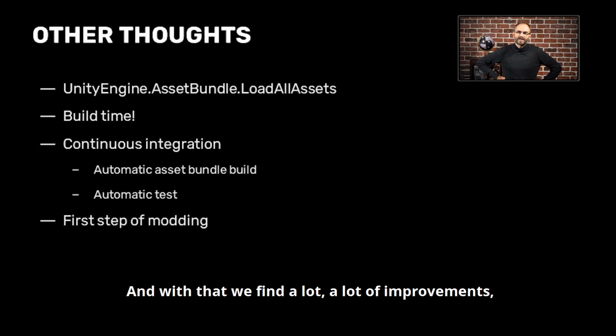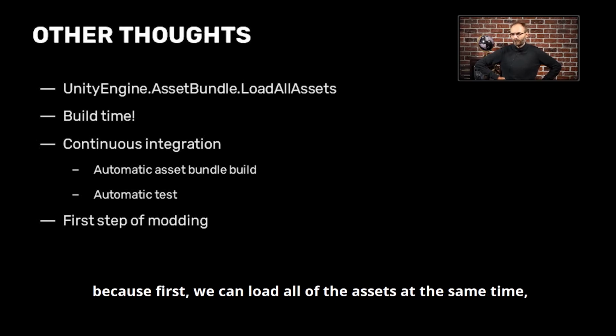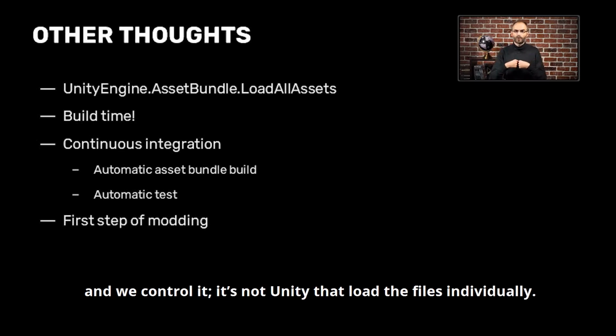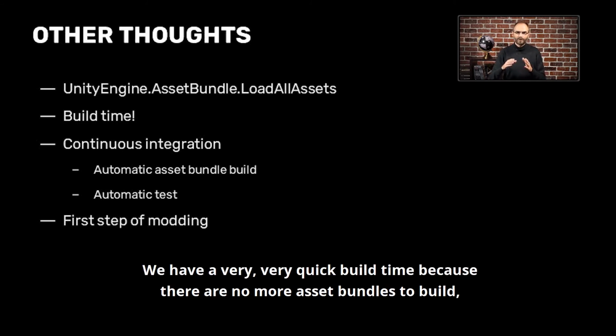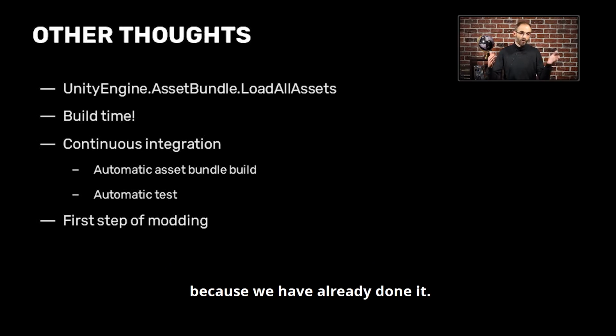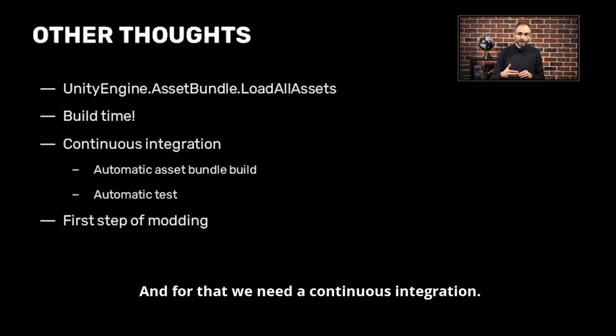And with that, we find a lot of improvement, because first we can load all the assets at the same time, and we control it. It's not Unity that loads files individually, and we have a very quick build time because there is no more asset bundle to build, because we have already done it.